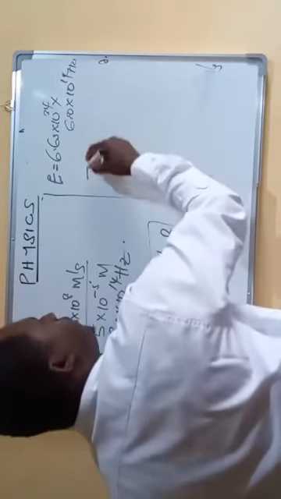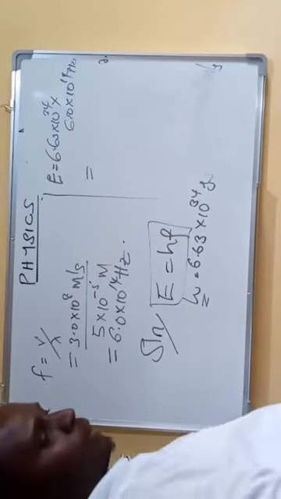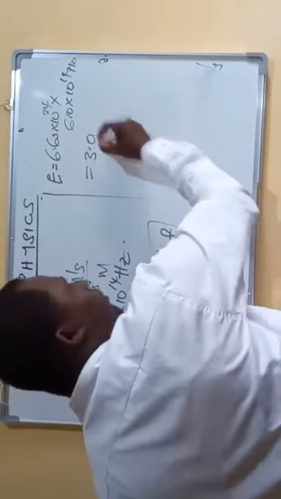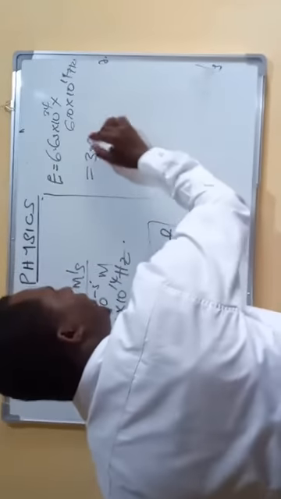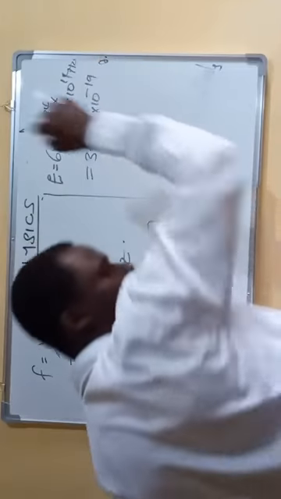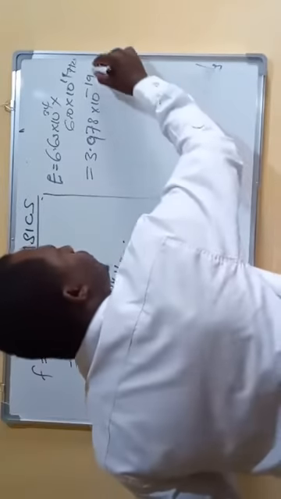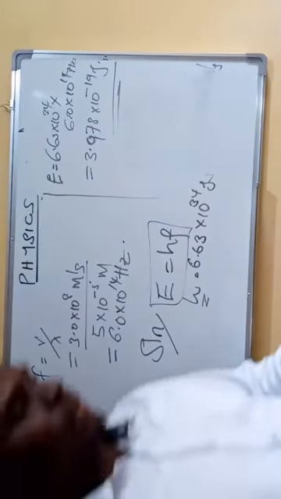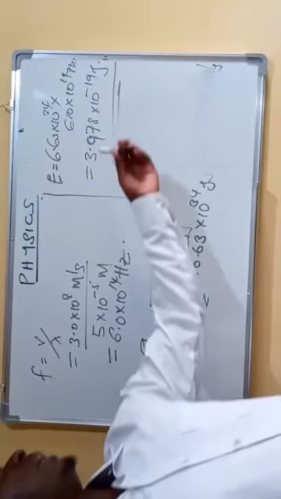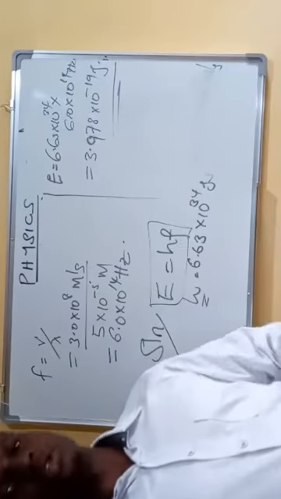Therefore, our answer would be 3.978 times 10 to the power negative 19 joules. So this is the energy possessed by that wave. As it moves through space, it carries with it this amount of energy in joules.